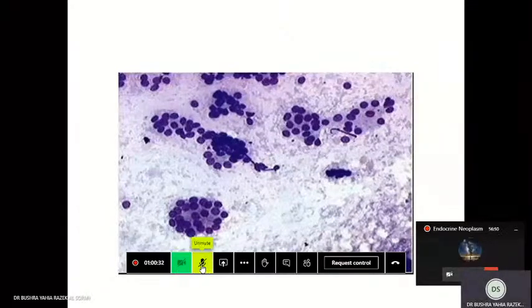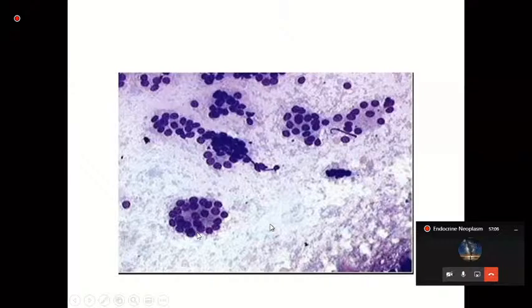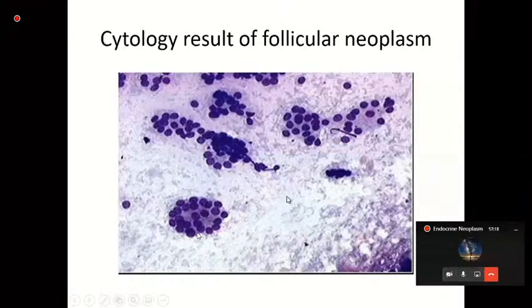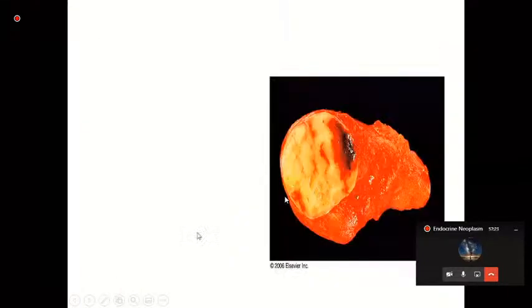What should we do if you get the report from histopath, the cytology indicates follicular neoplasm? Yes, surgery. In this case, we have to remove the thyroid, not the nodule. We have to remove the whole thyroid, a total thyroidectomy. So the cytology result is follicular neoplasm.